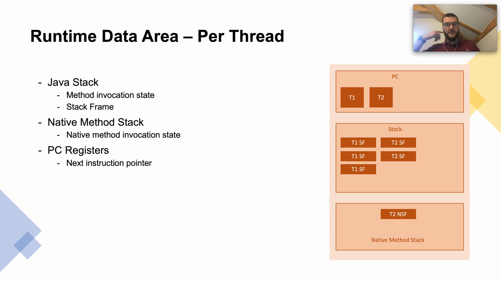So the program counter serves the same as the CPU program counter. So it is the value of the next instruction. In the JVM, this program counter value is the pointer or address to the bytecode of the method in the method area, which we mentioned.